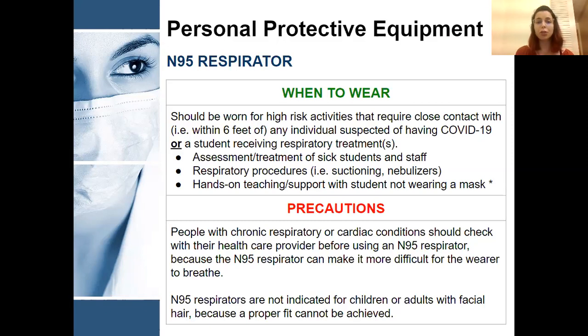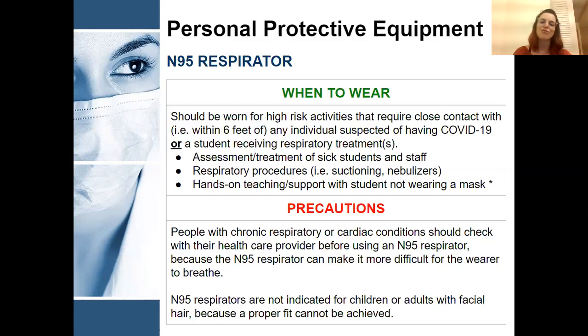So general precautions with the N95 respirator. People with chronic respiratory or cardiac conditions should check with their healthcare provider before using the N95 because the N95 can make it significantly more difficult for the wearer to breathe.